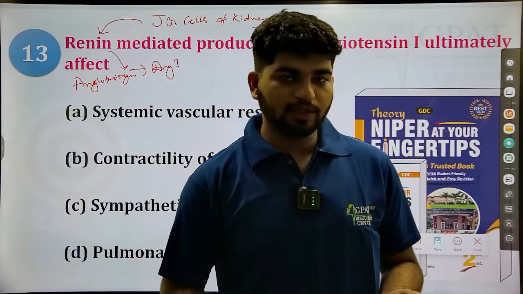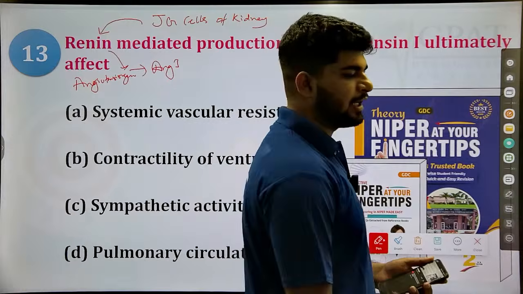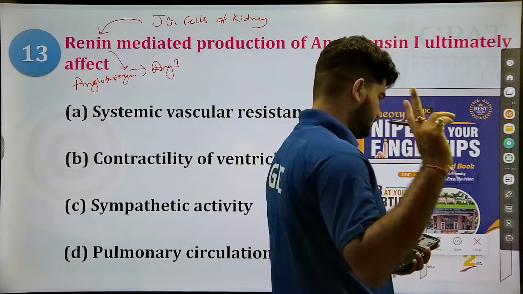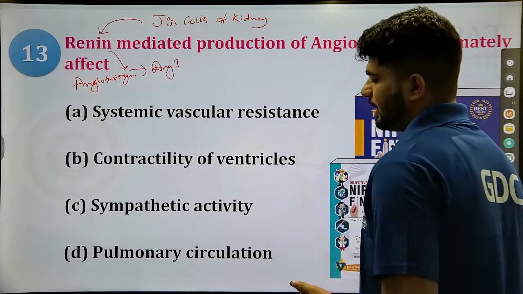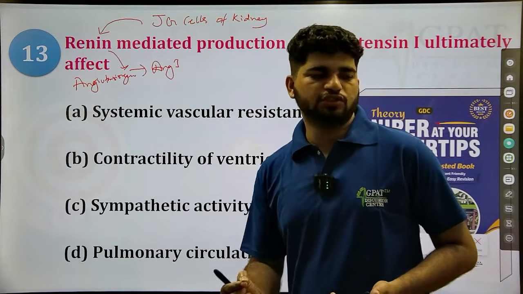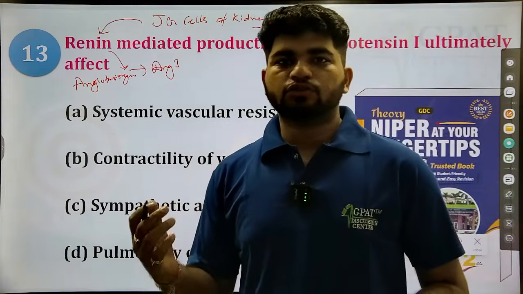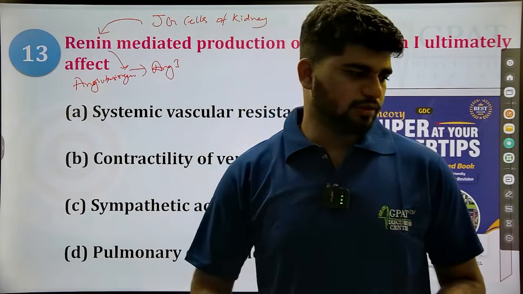Then what's going to happen? This angiotensin 2 binds to the angiotensin receptor, and after that it has two actions: direct action or indirect action. Direct action is what? That's your potent vasoconstriction, and indirect action increases the sodium as well as water retention, right?